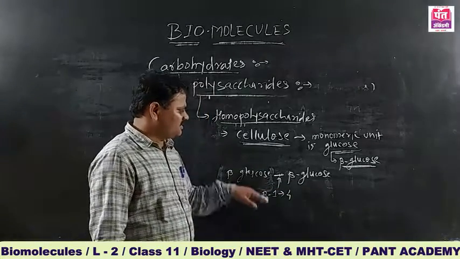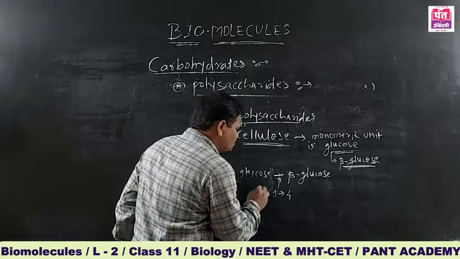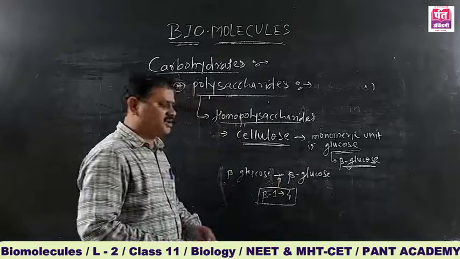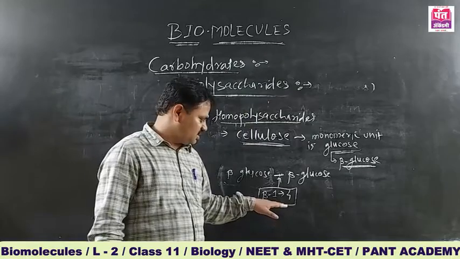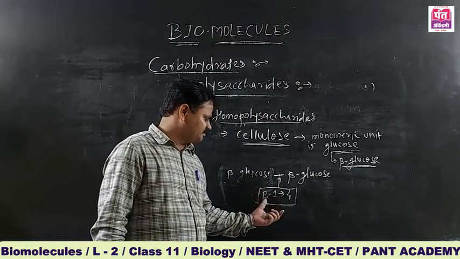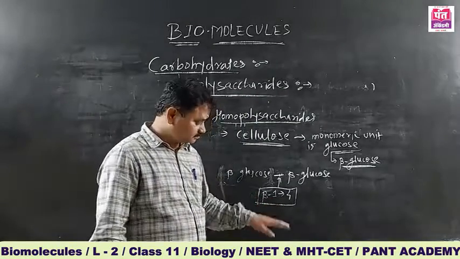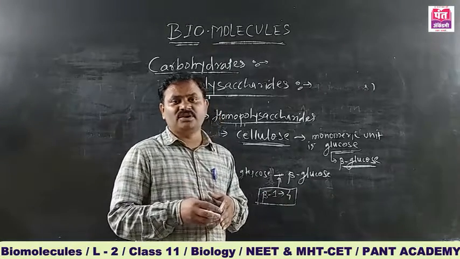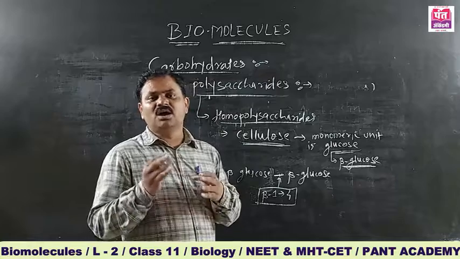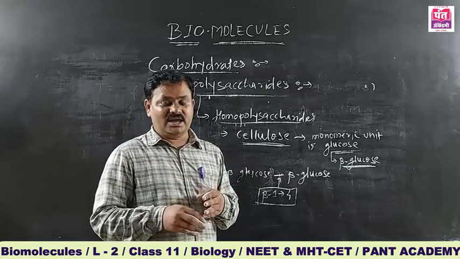And therefore you can simply say the cellulose is very different from the starch and the glycogen. In this case as well, the beta 1,4 linkage is very important, and this beta 1,4 linkage can't be broken by the enzymes present in the animal body.